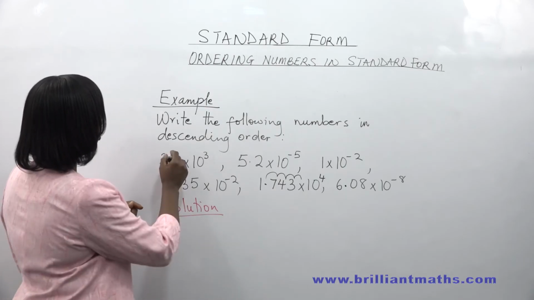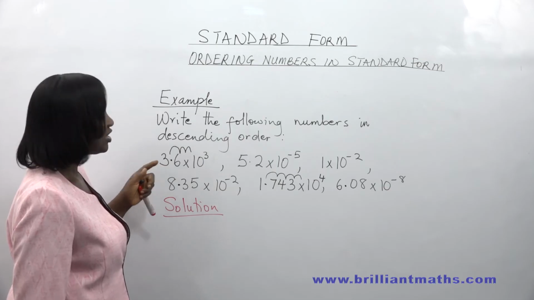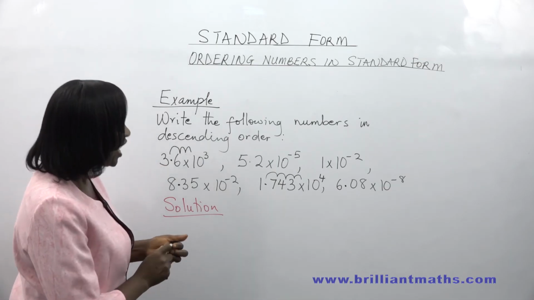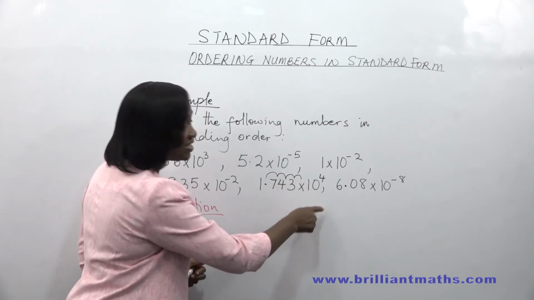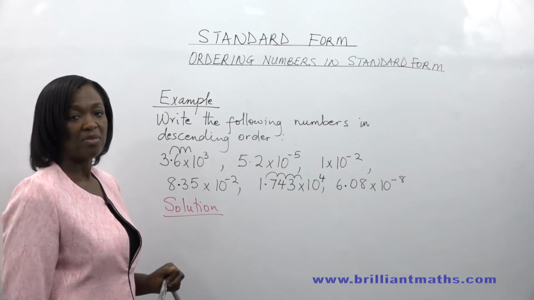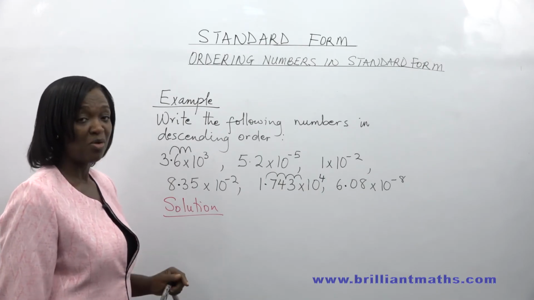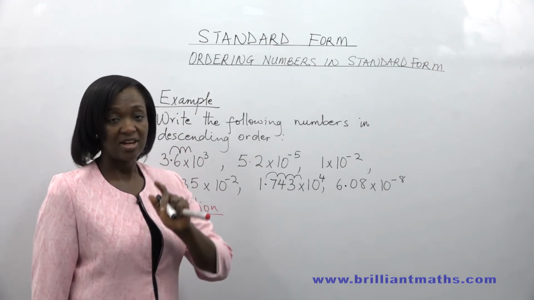This number is going to be 1, 2, 3. It's going to be 3,600. So we can say that the higher the positive index, the greater the number. Take note of that. I'm choosing my words. The higher the positive index, the greater the number.